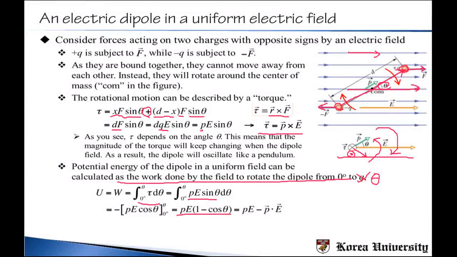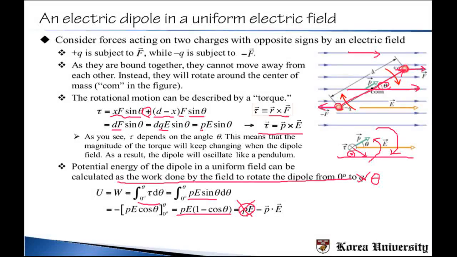Again, try to remember that the absolute value of potential energy is not important. Only the differences are important. So the first term, which is PE, doesn't really matter, so we can simply drop it. Now we have minus cosine theta and PE.